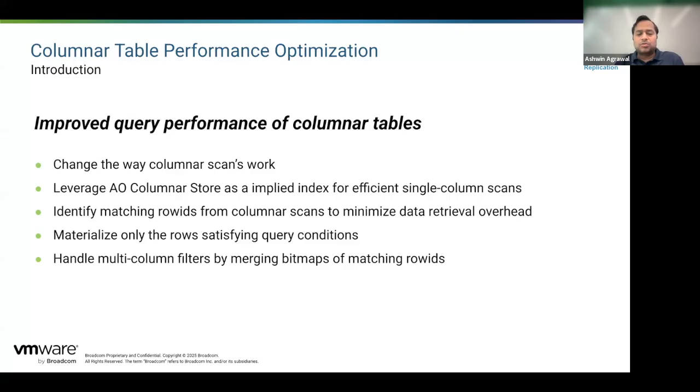The best part about the feature is that it's not something you have to opt into or tweak. Once you upgrade to the 7.6 release, it gets enabled and improves query performance for columnar tables, for sequential scans and for index scans.